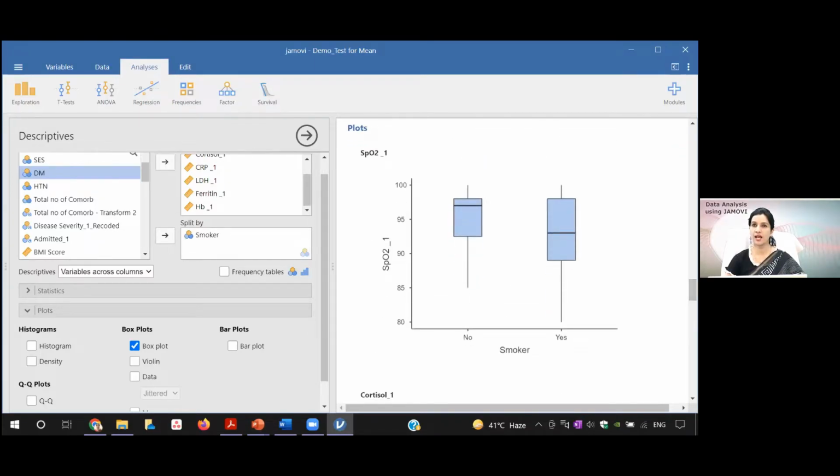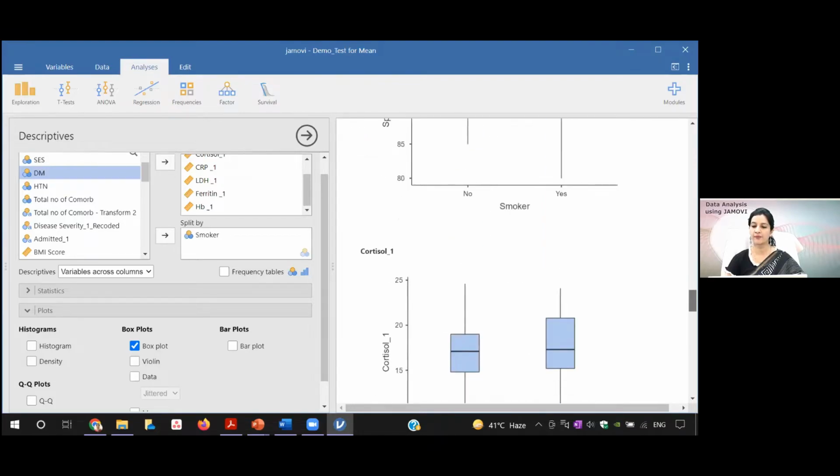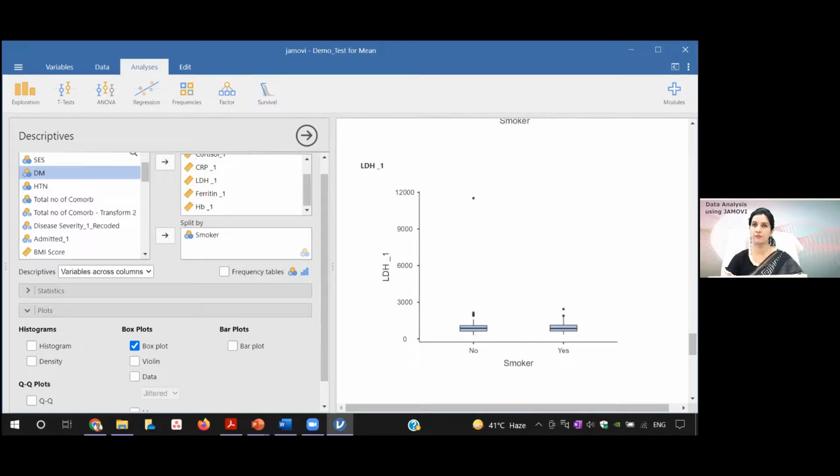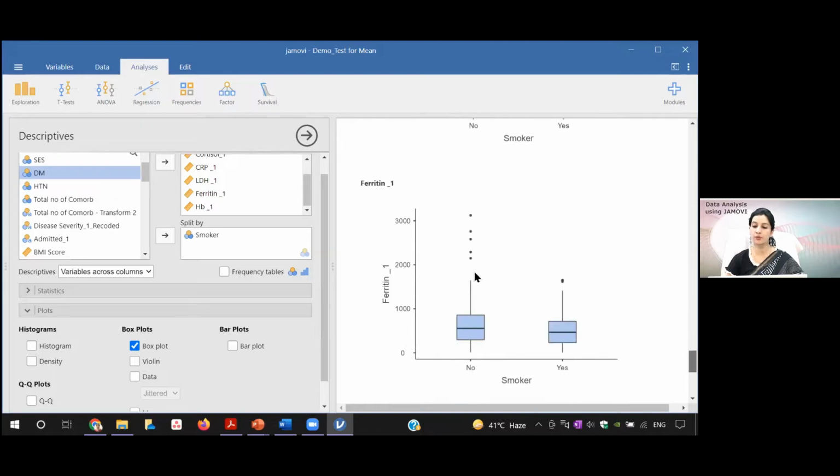So we have to plot it across the independent variable. That's why you will see this outlier in the category of no smoker and in the category of smoker. Similarly, for cortisol also, and you can see the number of outliers. If you have split it, see the number of outliers has decreased, because now it is redistributed to both the categories.